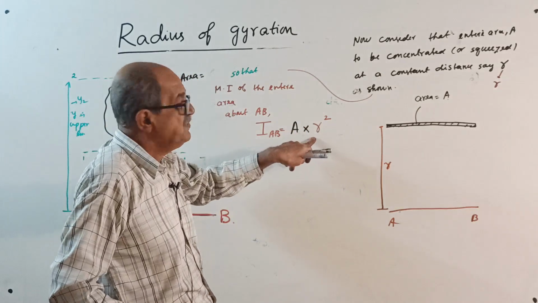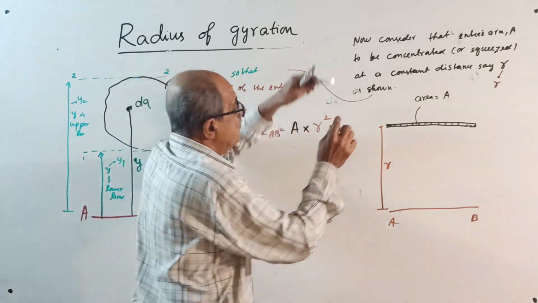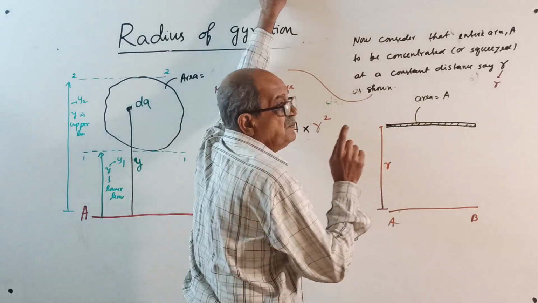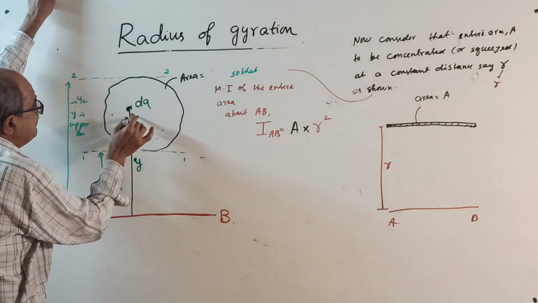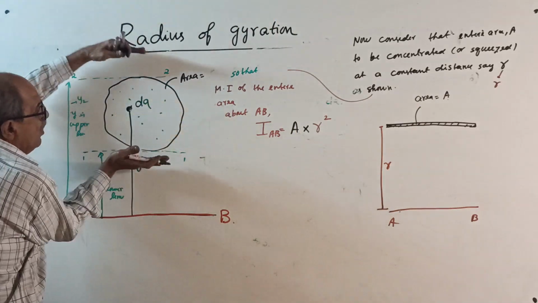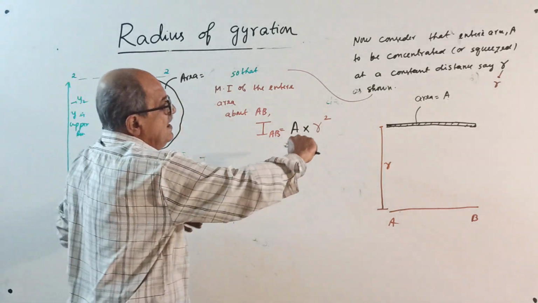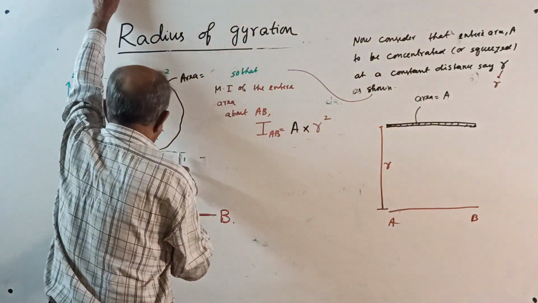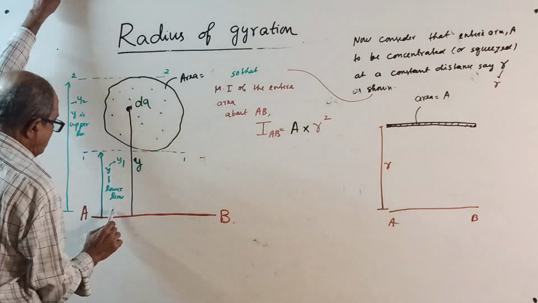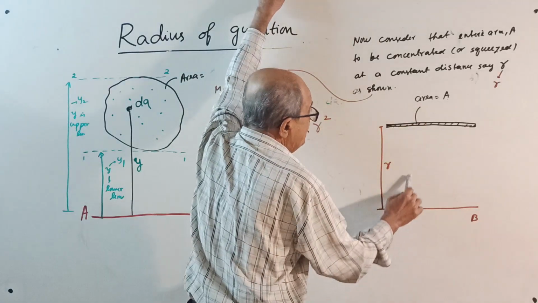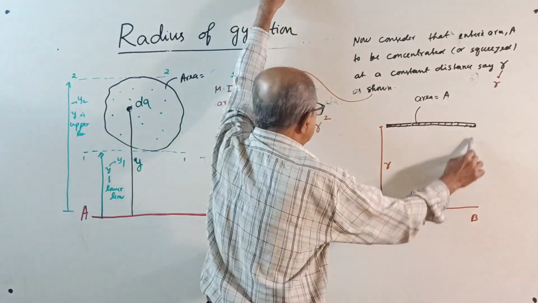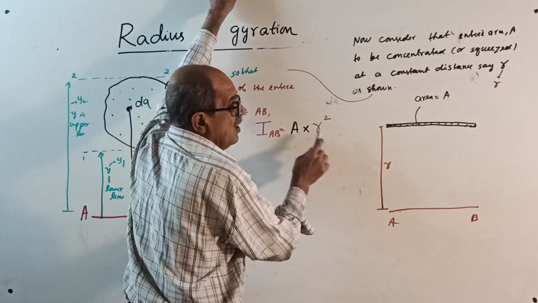See, this is actually the basic definition: area into distance square. But actually there are infinite number of parts. This all you squeeze, and here this will have different Y, this will have different Y. But here what will happen? When you squeeze here, everywhere same Y will come. So then A into R square.